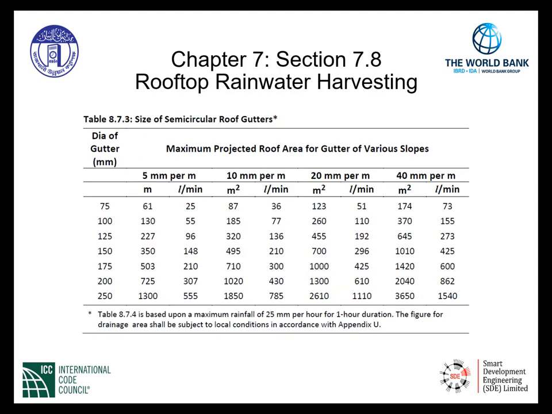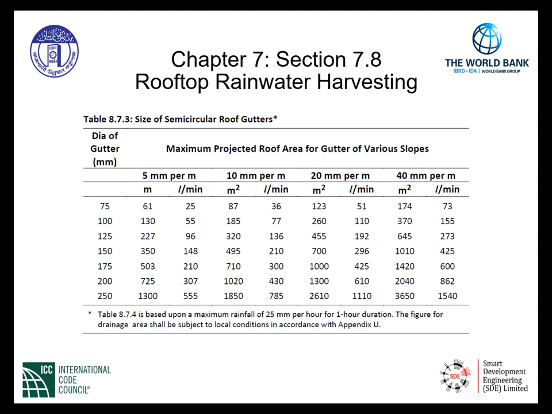Table 8.7.3, size of semicircular roof gutters. The first column gives us the diameter of the gutter in millimeters. The range is from 75 millimeters all the way up to 250 millimeter gutter size. The maximum projected roof area for gutters of various slopes is indicated next.